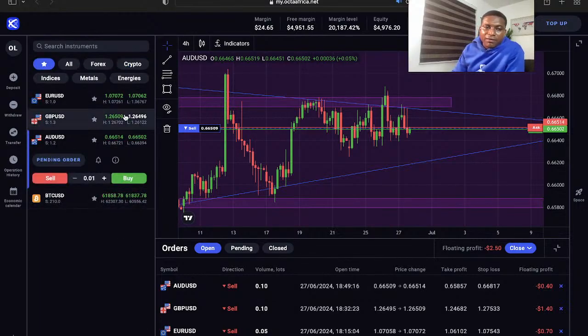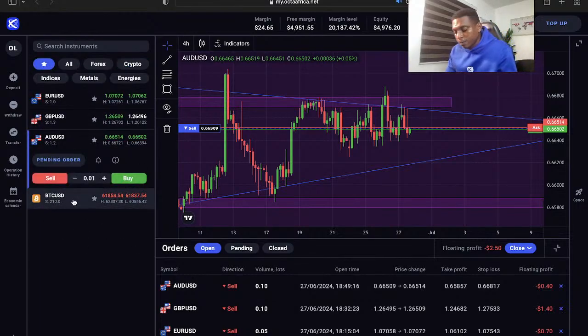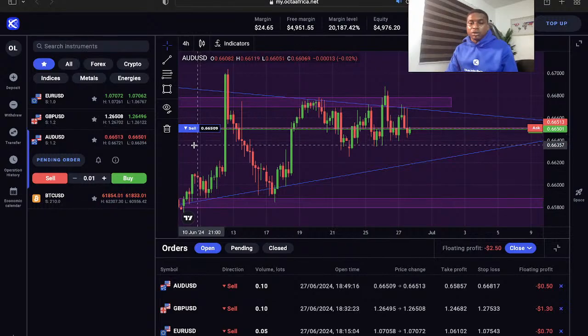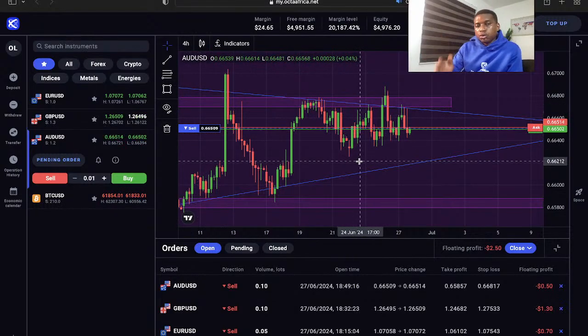So when I'm looking at my favorite pairs, BTC is now part of it. This makes it very dynamic and interesting for you as a trader, with a more flexible tool to analyze with, for traders using the OctaTrader platform.